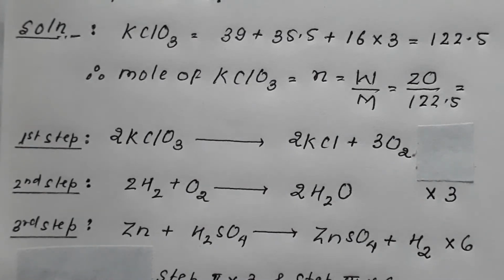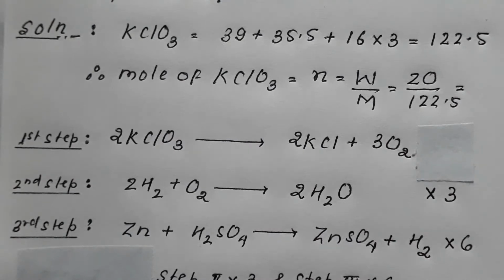So if all these 3 equations are correlated, we can say that 2 KClO3 is equivalent to 3 oxygen.